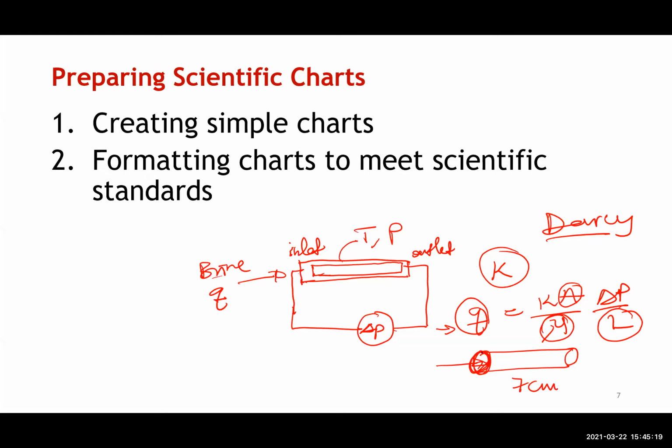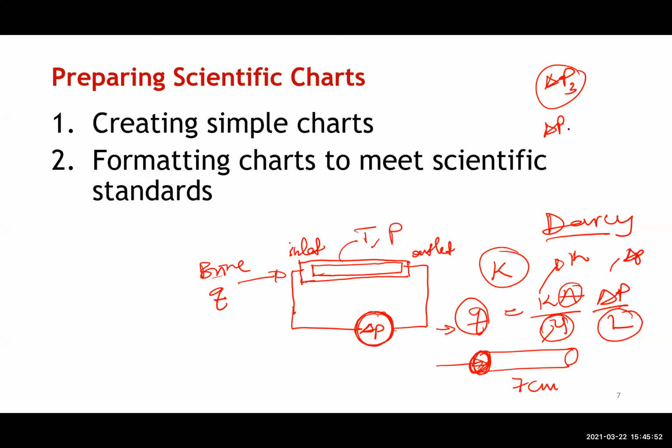Okay, so what we don't know here is K and delta P. And the good thing is we can attach a differential pressure gauge here to measure delta P. So in the data you are given, we've measured delta P. We have 3 differential pressure gauges in the setup that we use to collect the data that I'm going to give to you.